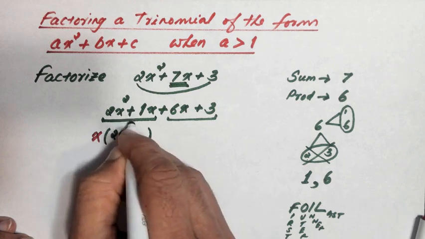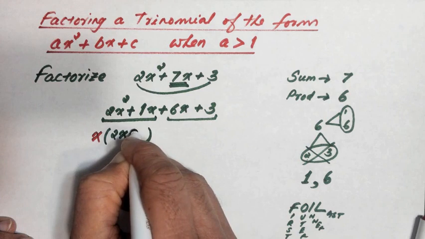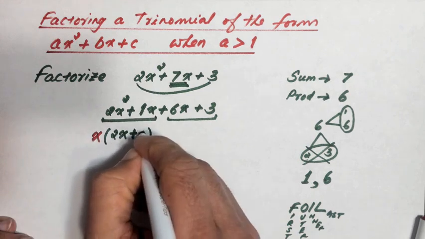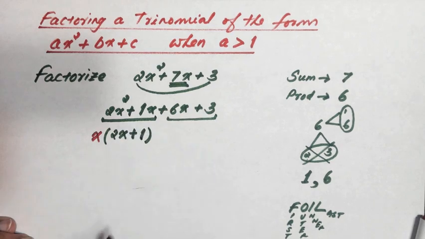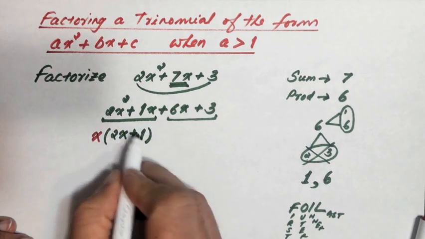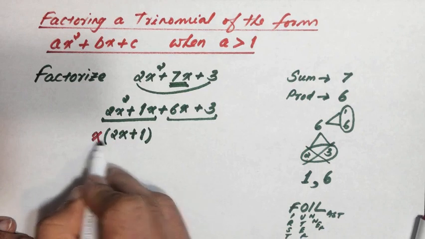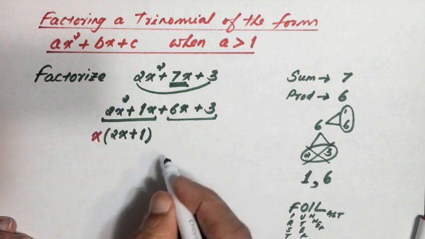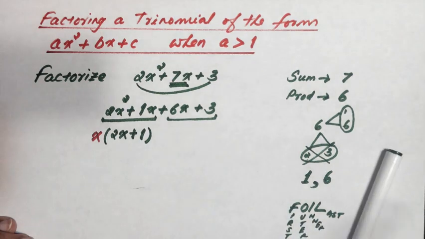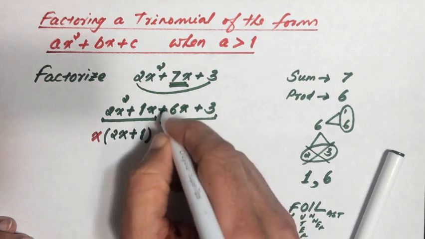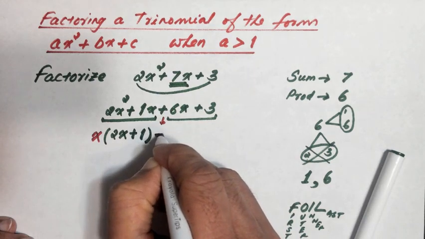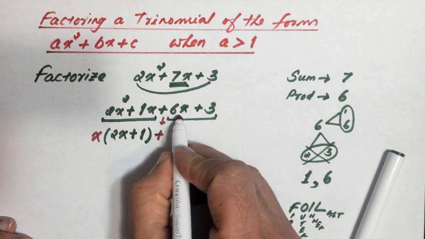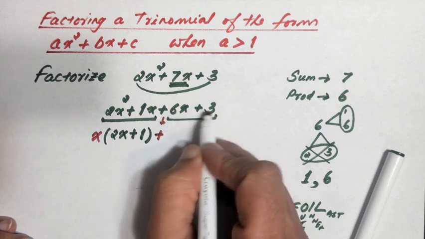Drop the sign, the exact same sign, plus, and x goes in 1x just one time. You may want to distribute this to check whether your steps are correct. x times 2x is 2x squared, x times 1 is 1x. Then drop the exact same sign as you had here, so that is a plus.